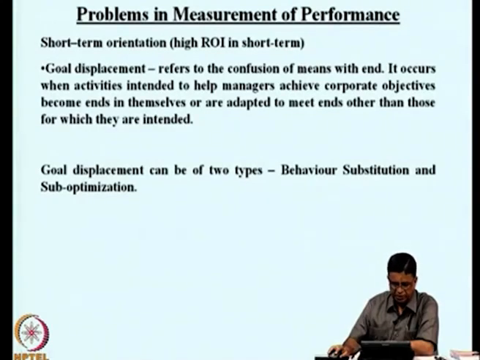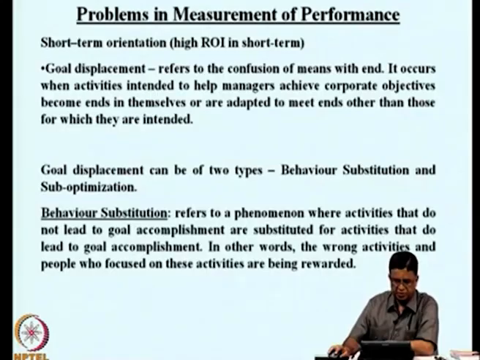We said goal displacement could come in due to short term orientation, because the insistence on high ROI in the short term can result in goal displacement, that is, the confusion of means with the end.